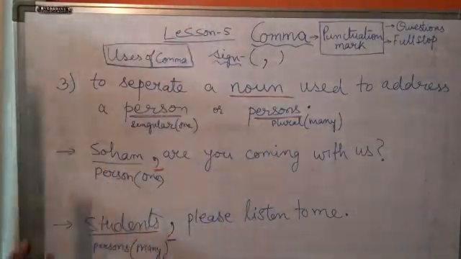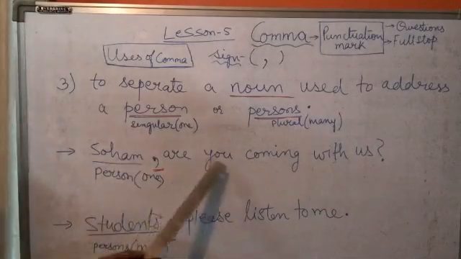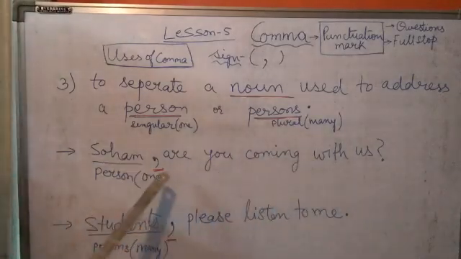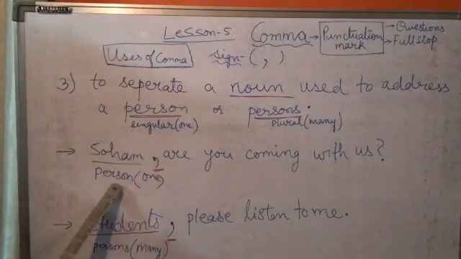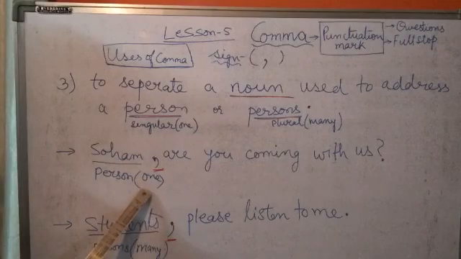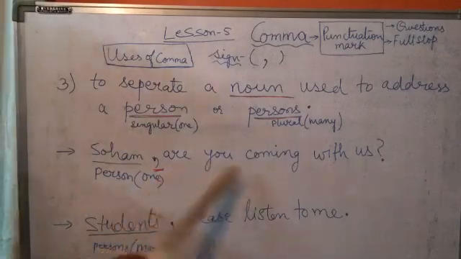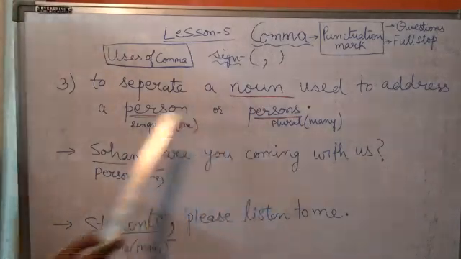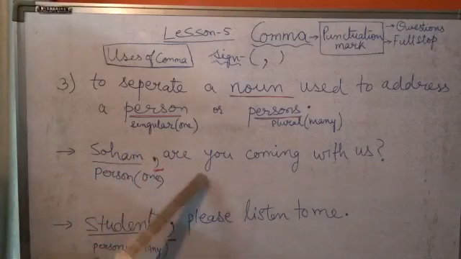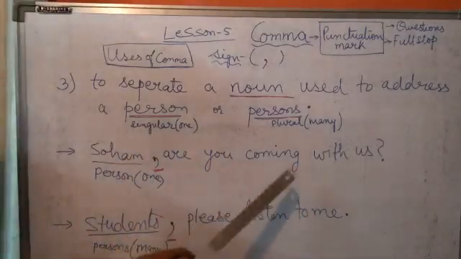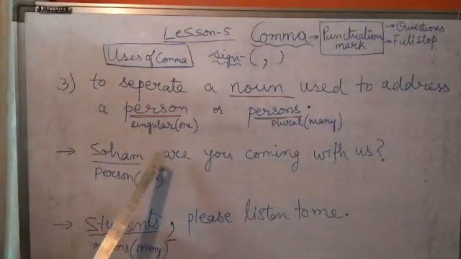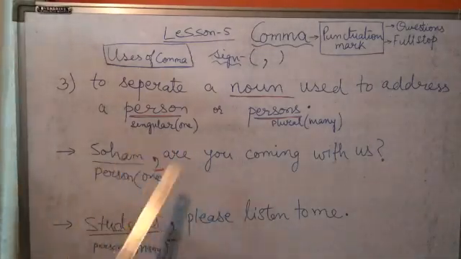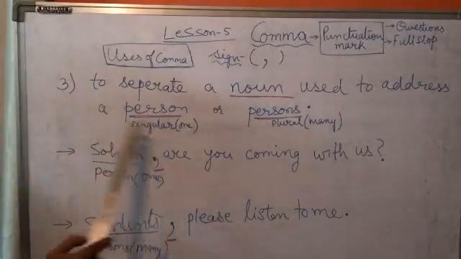For example, say, Soham, are you coming with us? Now, I have used comma here. Why? Because Soham is a name of a person, that is singular, one. And this sentence is asking a question to Soham. So, are you coming with us is addressing Soham. So, I have put comma here to separate a noun to address a person.